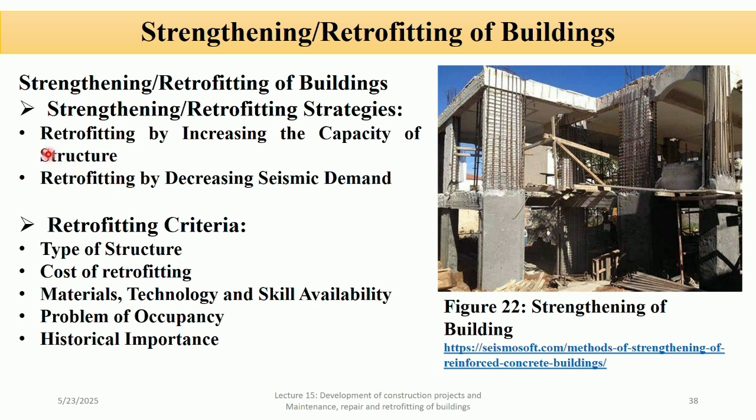So retrofitting by increasing the capacity of a structure. This means making the building stronger so it can bear more load or resist forces like earthquake better. So for example, adding steel braces, concrete jackets, or shear wall.